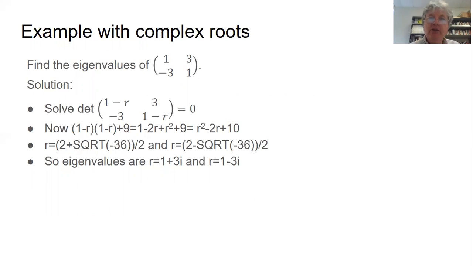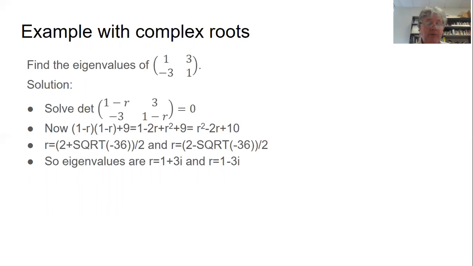Okay, let's have a look at complex roots. It's really no different from having real roots. The only thing is, of course, that eventually you want to have real solutions, but we'll do that later. So here's a matrix 1, 3, minus 3, 1. The characteristic polynomial of that matrix is r squared minus 2r plus 10.